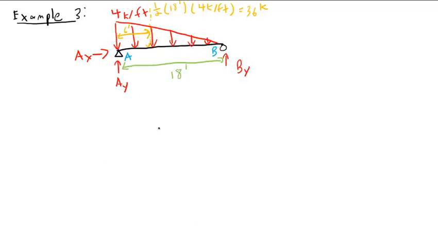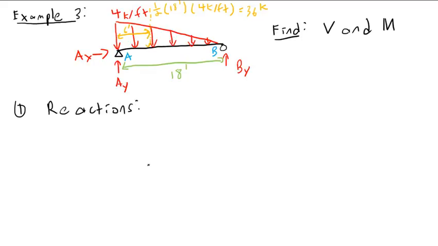Okay, so we're told to find V and M. Step 1, reactions. We'll do a sum of moments about A equal to 0.